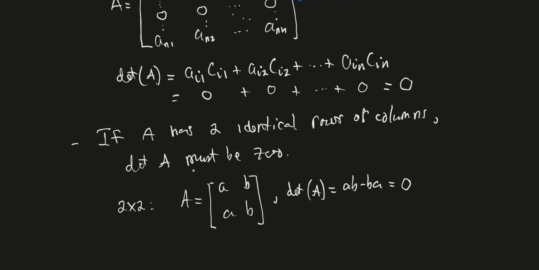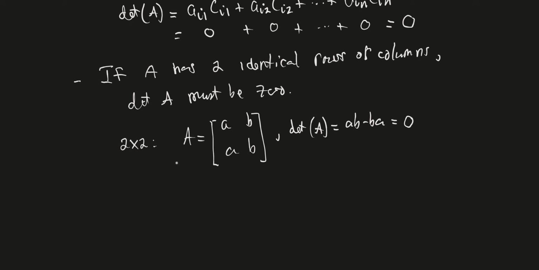And this property can be extended even further. If one row is a constant multiple of another row, then the determinant has to be 0 as well.